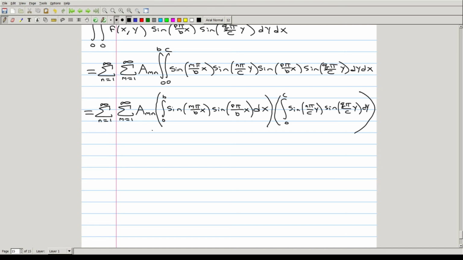Which are two 1D integrals that we know very well from our orthogonality relations previously.